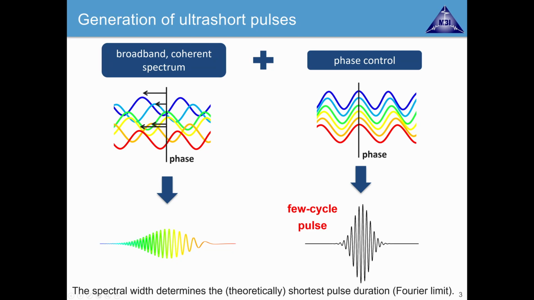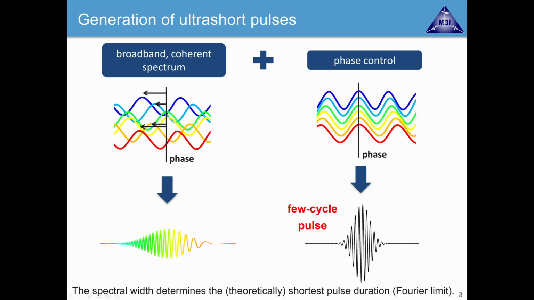Just as a recap, how do we generate ultrashort pulses, or what do we need for that? First of all, you need a broadband coherent spectrum. You have multiple spectral components which have a phase relation to each other, and this pulse is then said to be chirped. The different spectral components are distributed over the pulse.